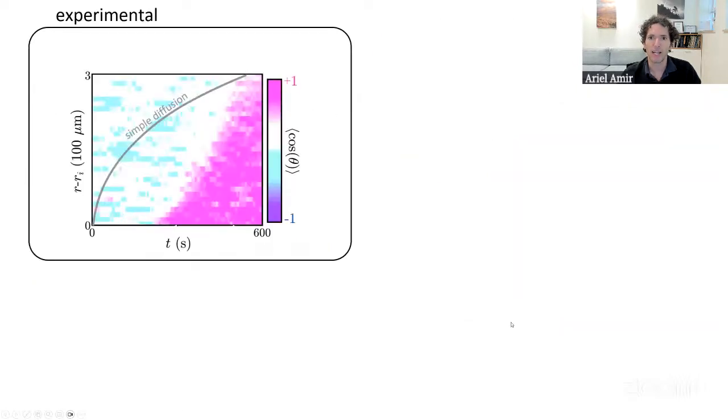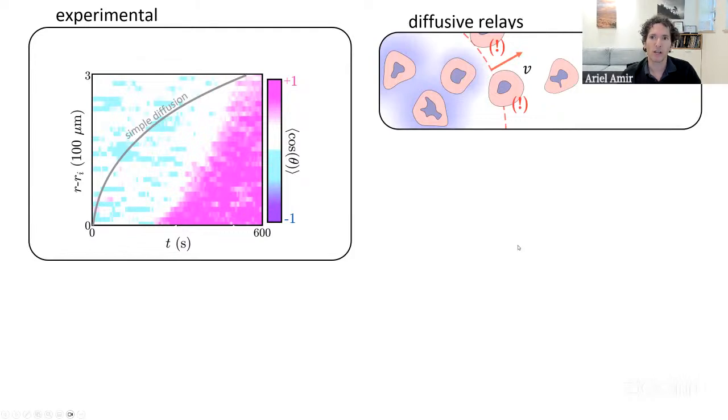site. And so several years ago, we proposed that perhaps what's happening is that neutrophils, at the same time that they sense LTB4, not only start moving towards the target up the gradient, but also start secreting LTB4 themselves, become sources of LTB4, and that could create an outgoing wave of LTB4, and so the signal would propagate much faster, linearly in time rather than the square root associated with diffusion.